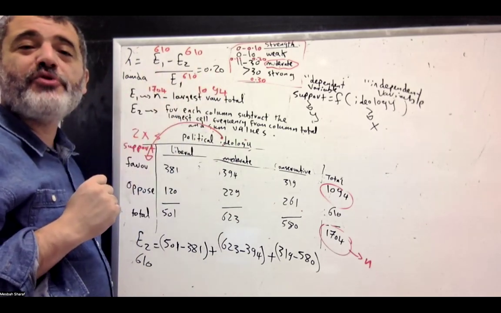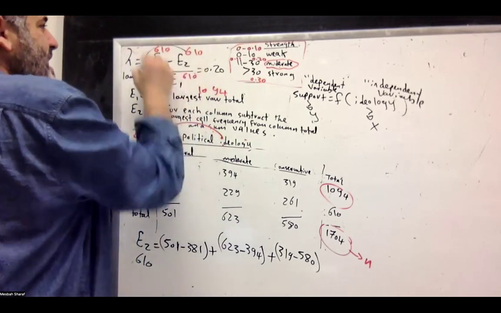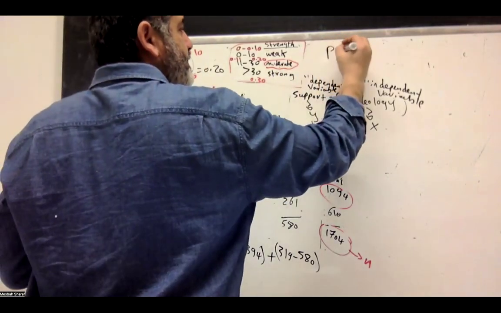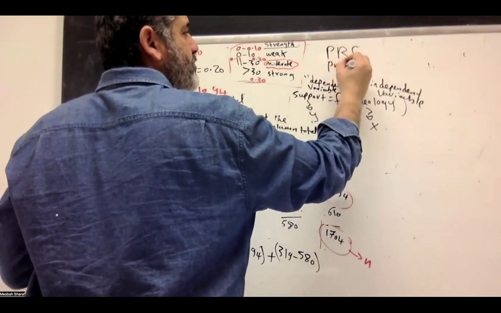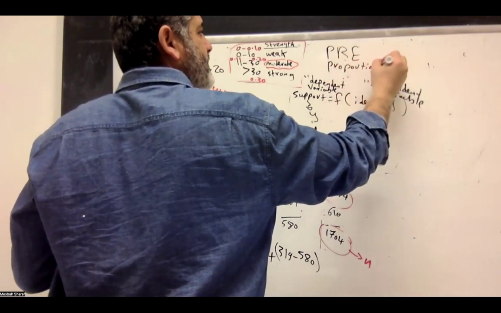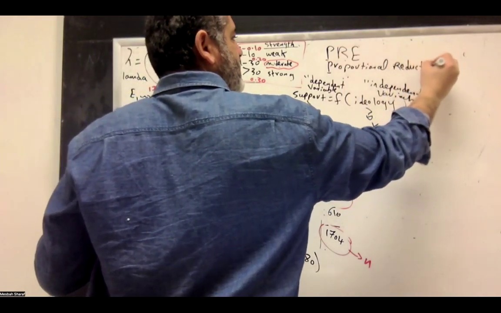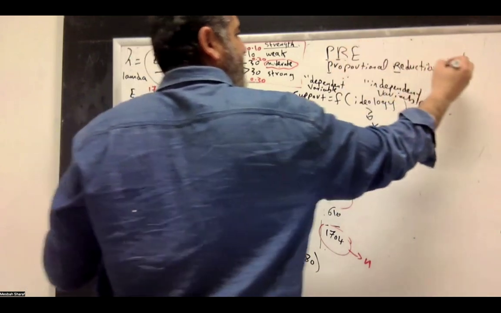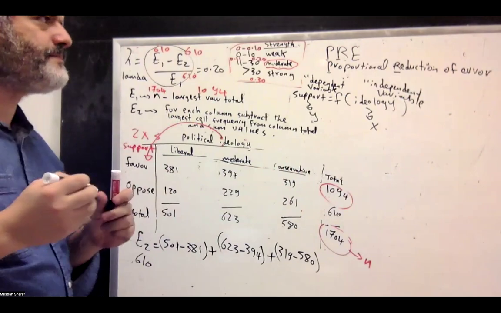That's why we call it proportional reduction of error. So that formula is proportional reduction of error, PRE. Proportional, this is the P, reduction, that is the R, of error.